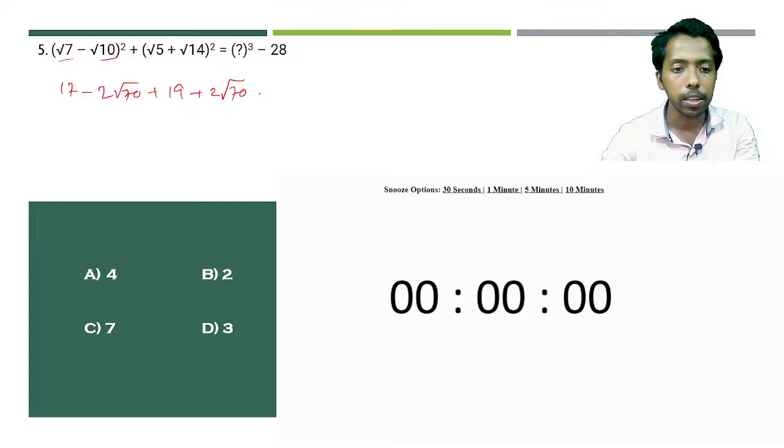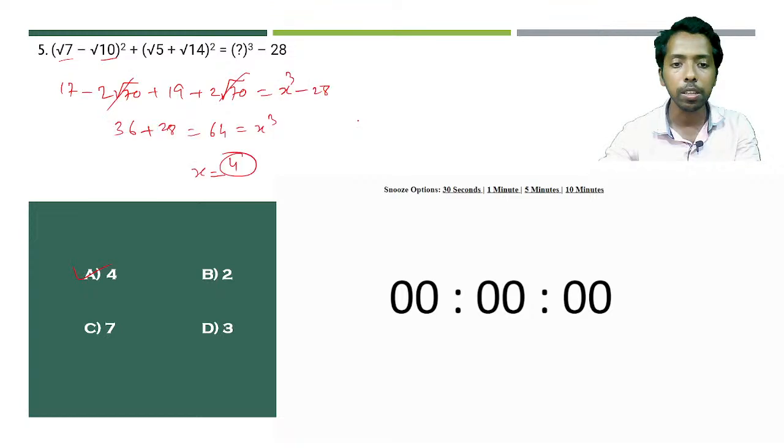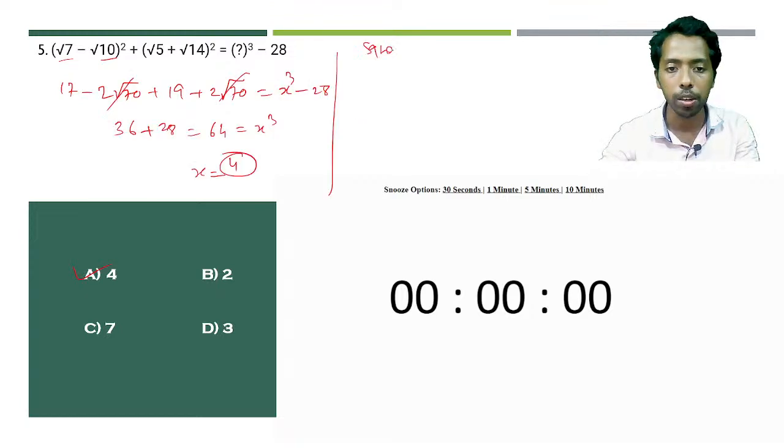Easy one, right? And remember one thing, squares and cubes of terms I have already discussed, but let me just recollect all the stuff here.